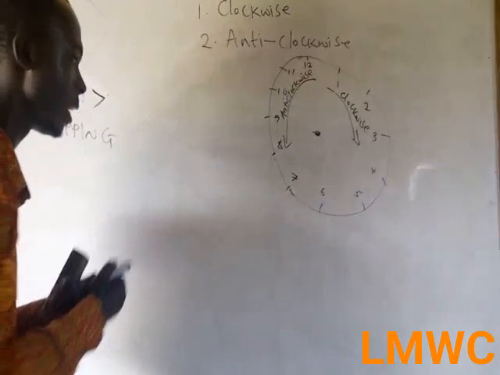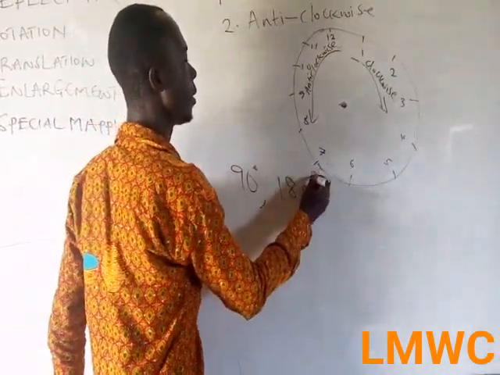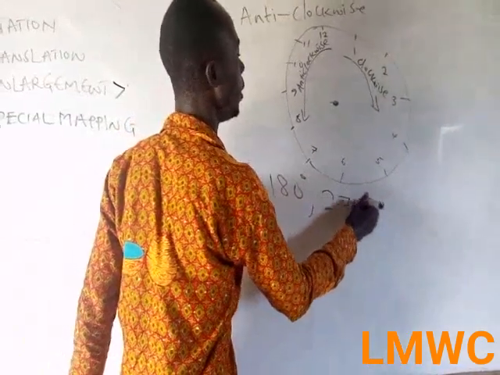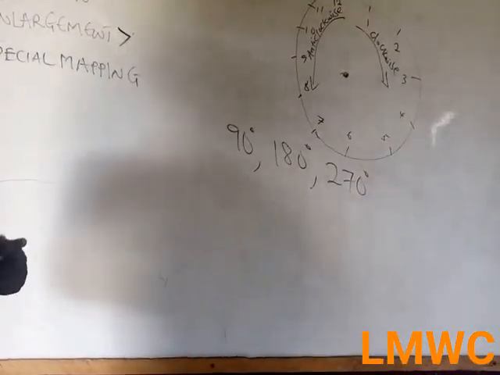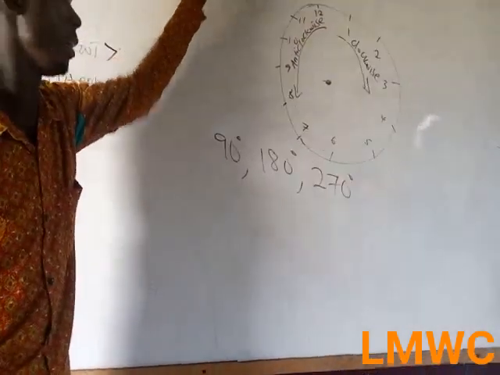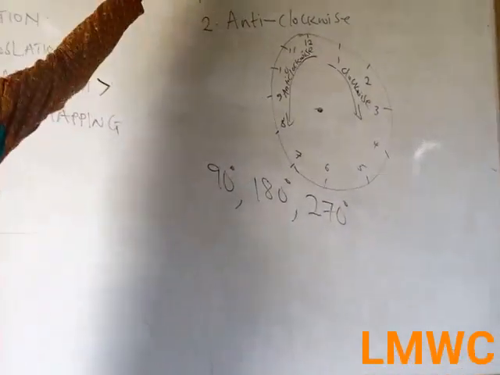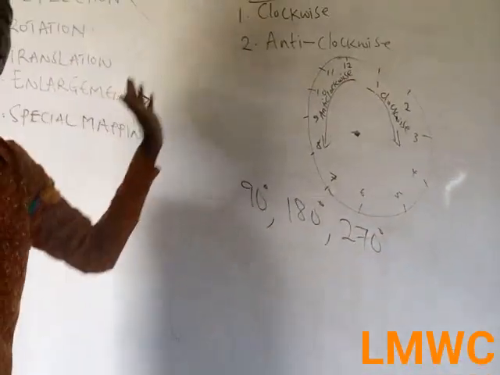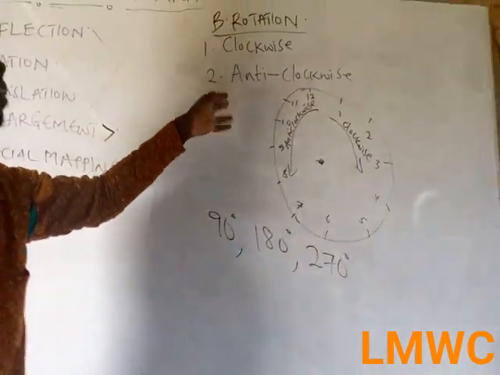Under the angles, we have 90 degrees, 180 degrees, and 270 degrees. Take note. We have 90 degrees clockwise, 90 degrees anti-clockwise. We also have 180 degrees clockwise, 180 anti-clockwise, 270 degrees clockwise, and 270 degrees anti-clockwise.